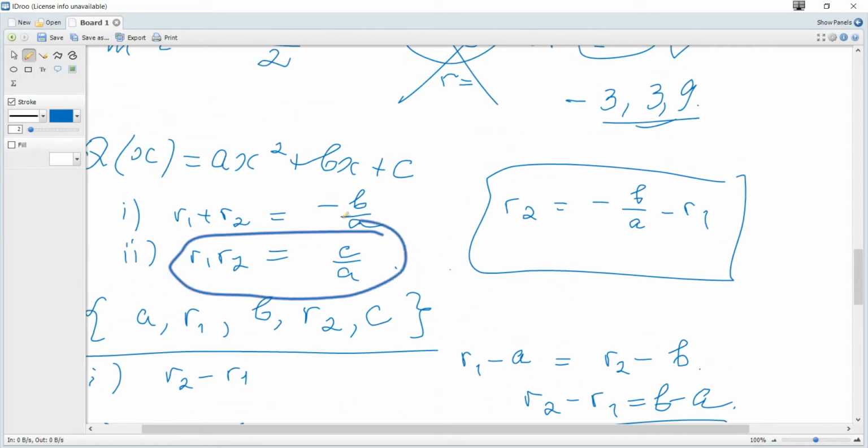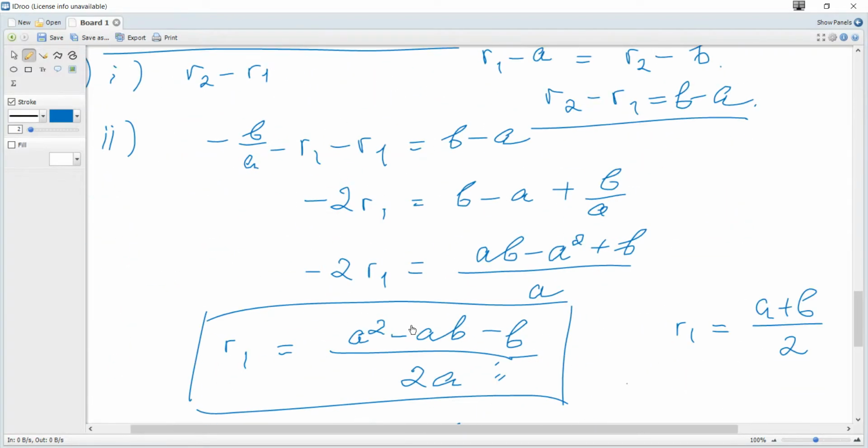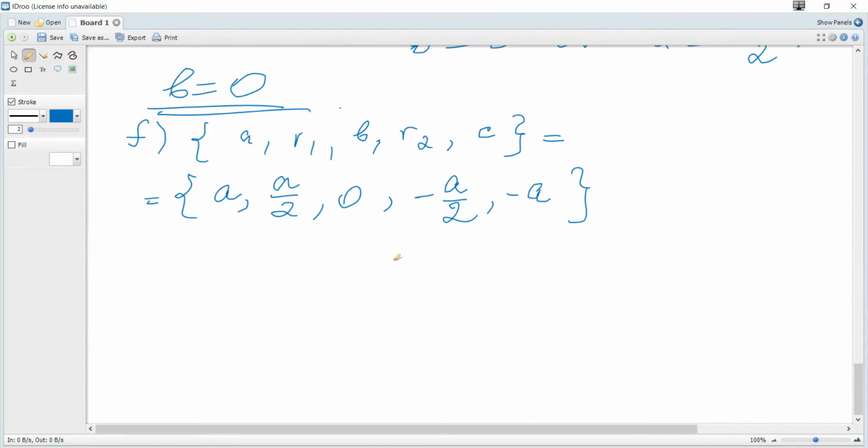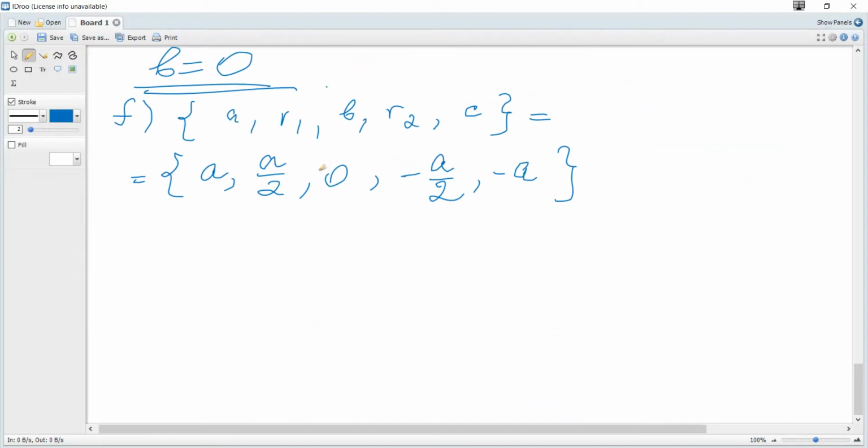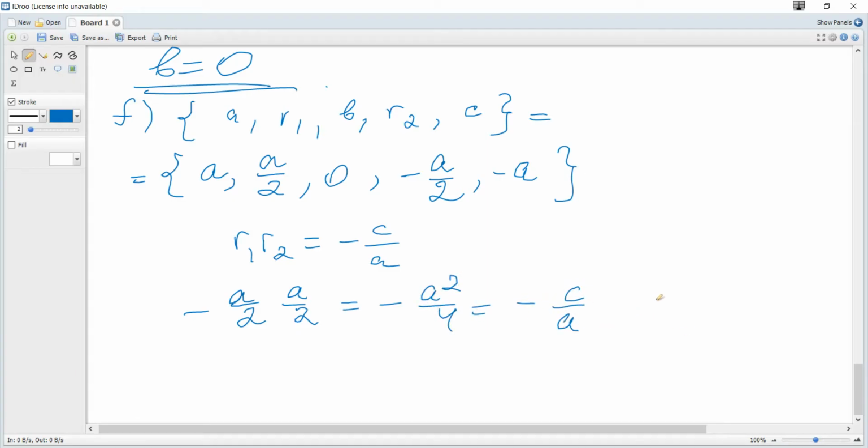We can see this one, and R1 R2 is minus C over A. So R1 is A over 2 times R2, negative A over 2. So it's minus A squared over 4 is minus C over A. So C is A cubed over 4.